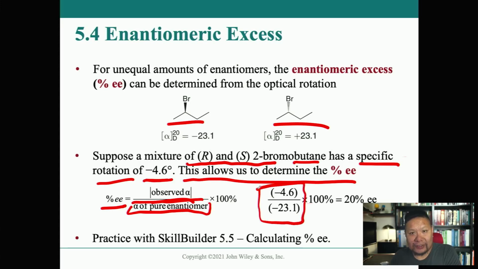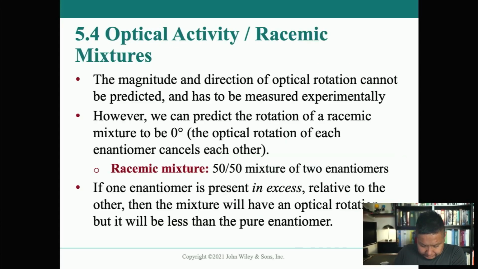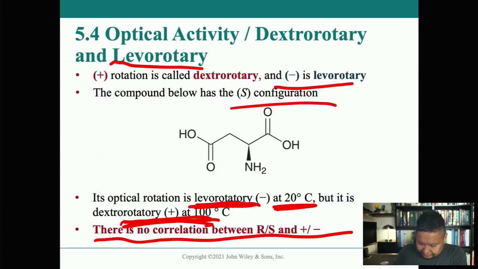So that's negative 4.6 divided by negative 23.1 times 100%, and that means we have 20% enantiomeric excess of the negative one, which is the levorotary enantiomer, right? Let me make sure. Yes, negative is levorotary.